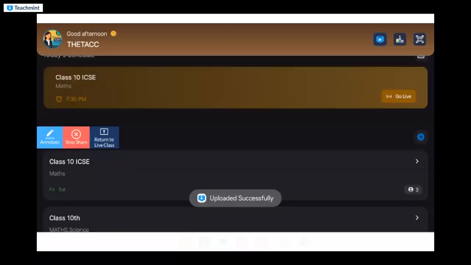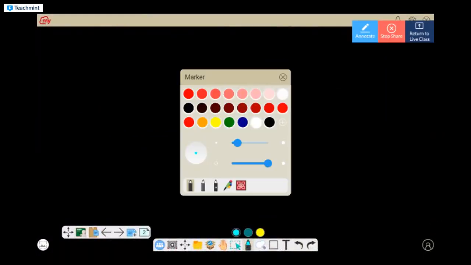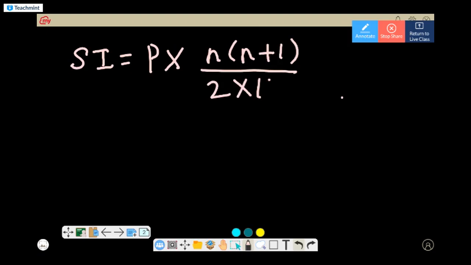So let's SI is P into n plus 1 by 2 into 12 into R by 100. This is the formula.